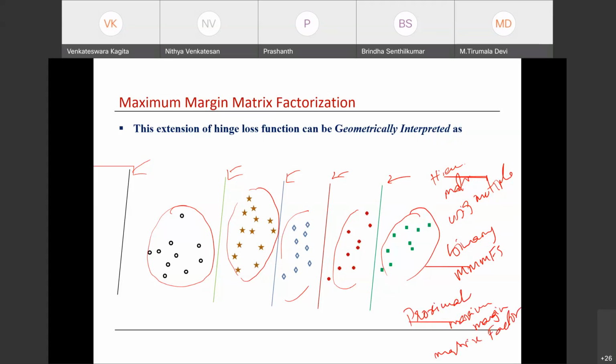These two papers are extensions of maximum margin matrix factorization, with some improvement over it. But I hope at least it gave you some idea about maximum margin matrix factorization.